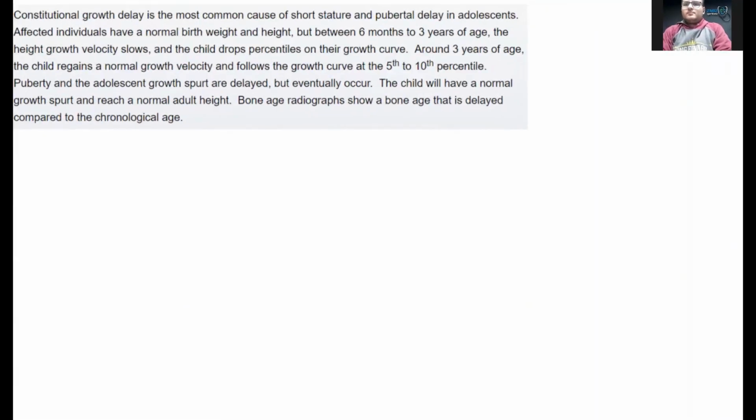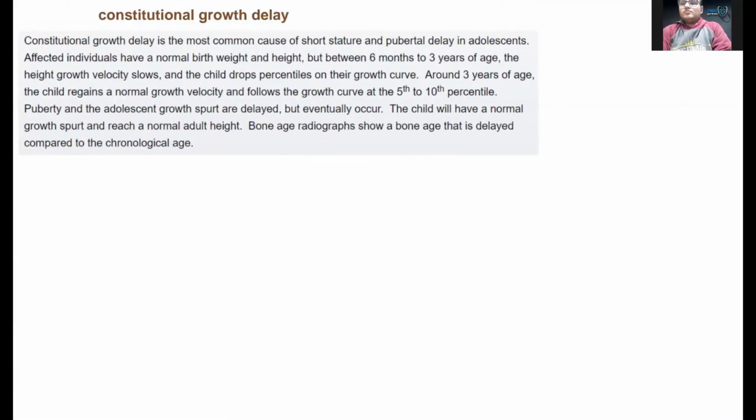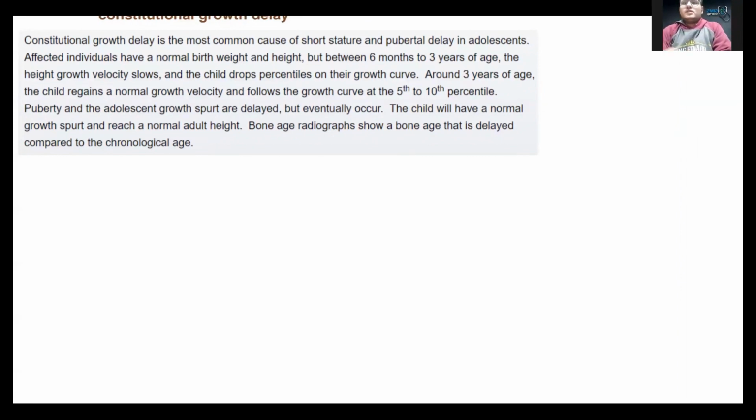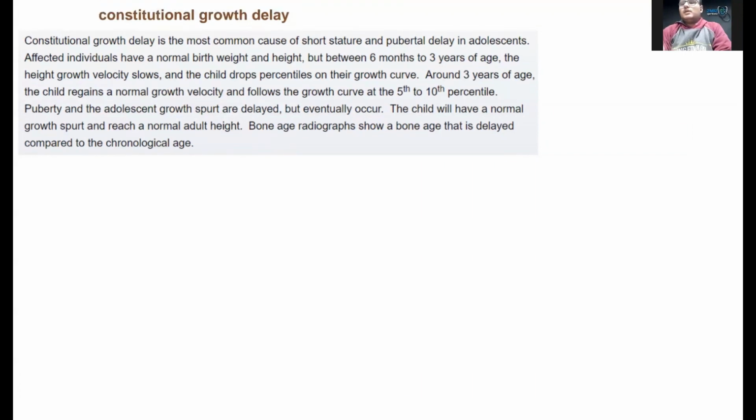There is another concept related to growth hormone, that is constitutional growth delay. So what is constitutional growth delay? It is usually a misnomer. It is not actually a growth delay, and there is no need to worry. This is a temporary period of growth delay, between 6 months and 3 years of life.